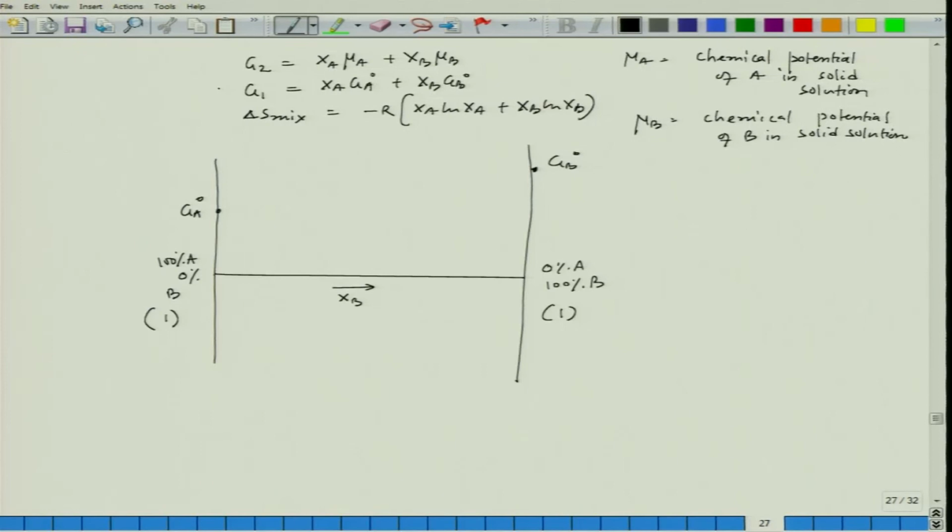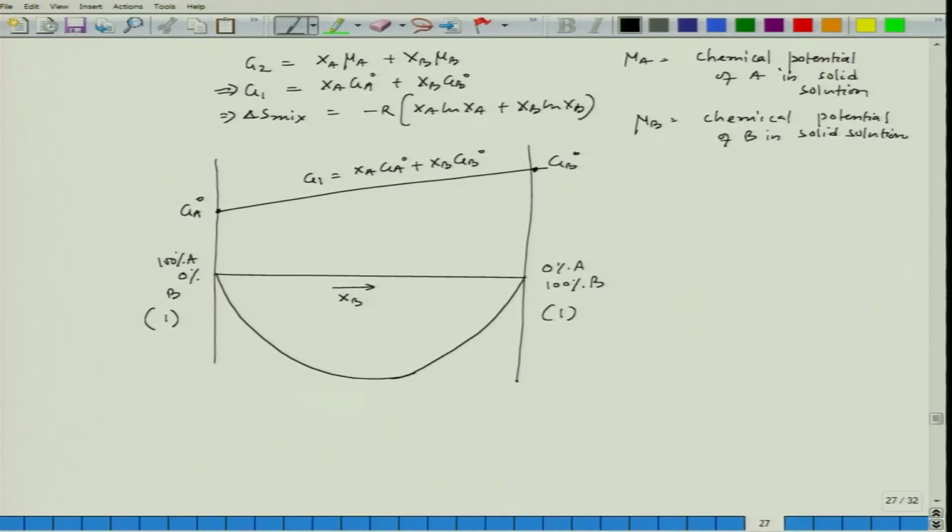Now, this equation is simply a straight line equation. Here this is G1 equal to XA GA 0 plus XB GB 0. And now, if I try to plot this one, then we will see that this plot would look like this, and this is del S mix.